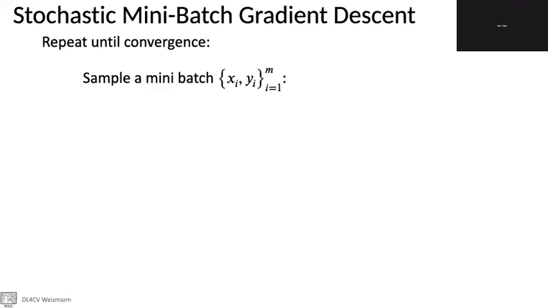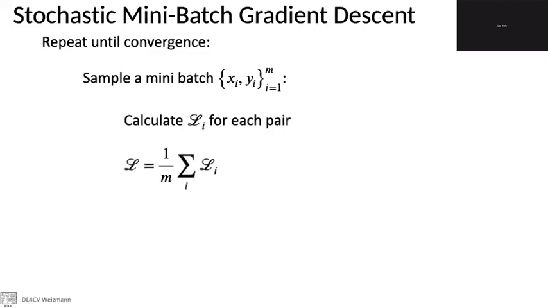So what we're going to do in stochastic gradient descent is sample a random set of M examples, which we call a batch or a mini batch. So a set of M examples, where xi are the data points and yi are the labels. We're going to compute the loss for each one of the data points and its prediction, and then we're going to take the loss as the average, or the expected current mini-batch loss.